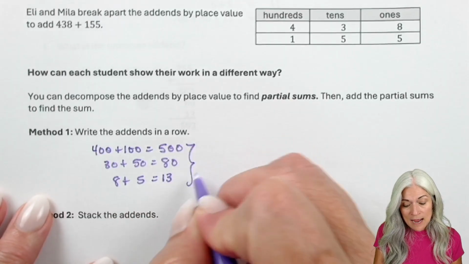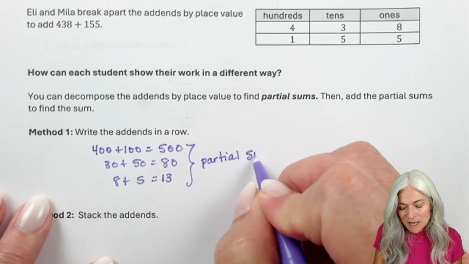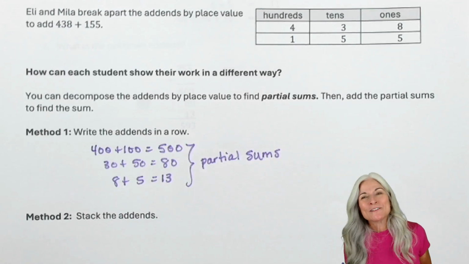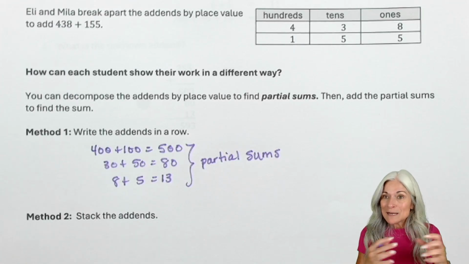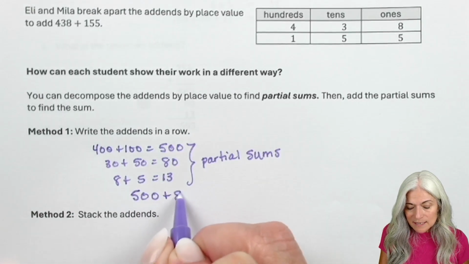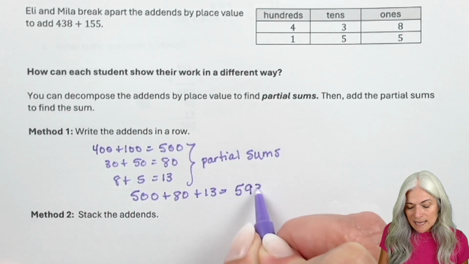These are our partial sums. Oops, I gave you a glimpse, we are going to do partial products also. These are partial sums. They're a part of a sum, so we add them together to get the total sum. 500 plus 80 plus 13 gives us 593.